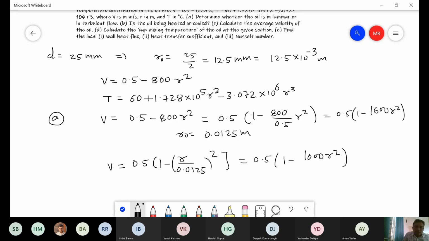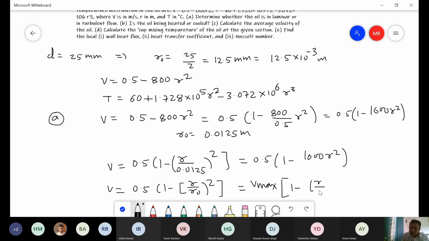And this equation, we can write as 0.5 into 1 minus R by R naught, whole square. This is the equation for laminar flow, isn't it?